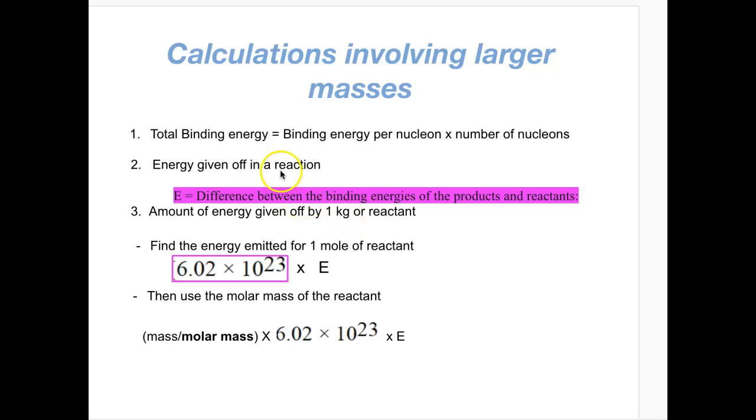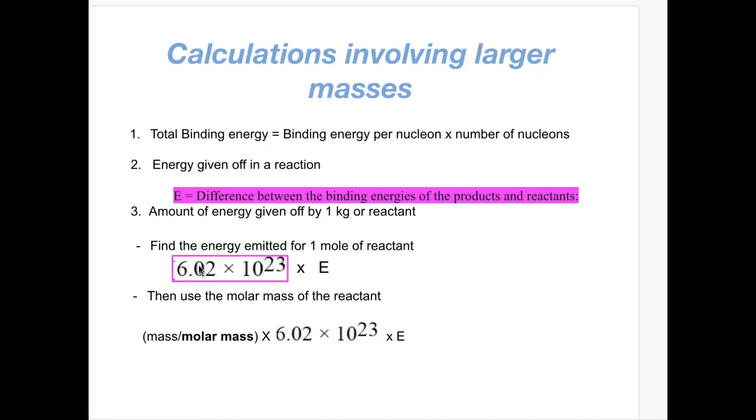Now, once we have the amount given off in one reaction, then the next step is to find the amount of energy given off if there's 1 mole of the substance. So that would be 6.02 times 10 to the 23 times the energy given off by one reaction. And what you've got there is the energy given off by 1 mole of the substance. Now, if you have the molar mass, you will know how much mass gives you that energy.